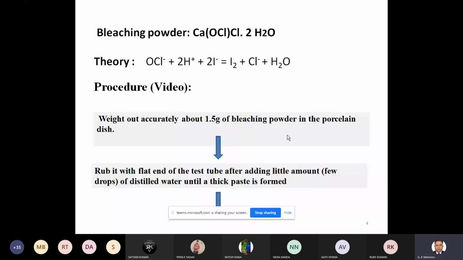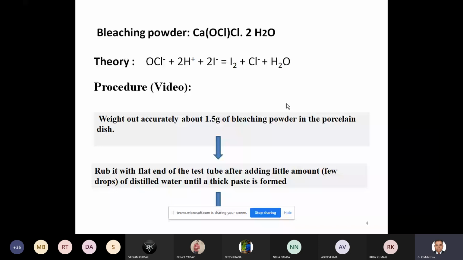Bleaching powder is not soluble in water as such. So we can make a suspension of it, not a pure solution, but a suspension only. The aim is to get it in a form in which we can easily titrate the amount.